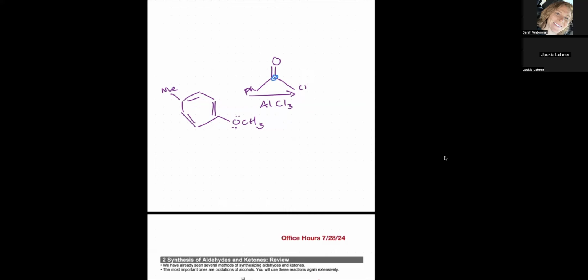So basically, you're just deciding which carbon this is going to go on. Again, it just comes back to donating versus withdrawing groups. They're both donating groups, right? But which one's the stronger donating group?